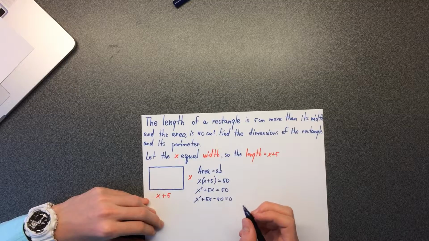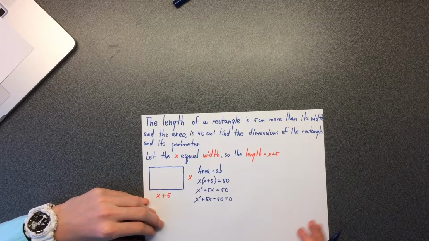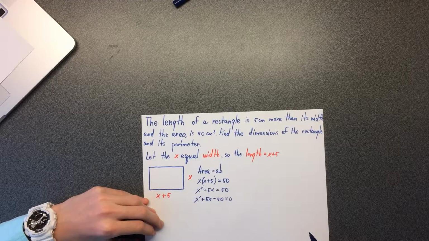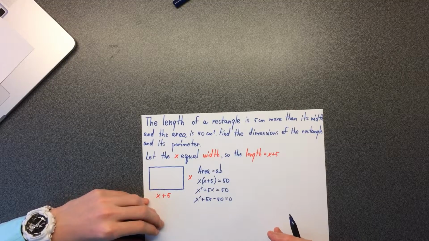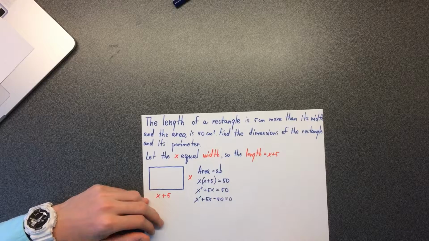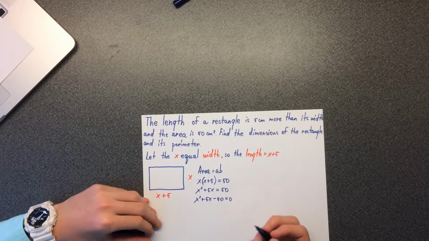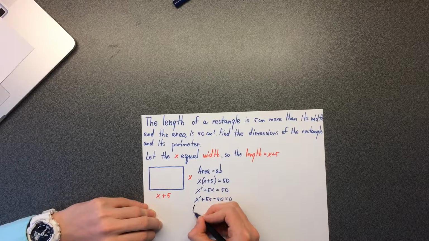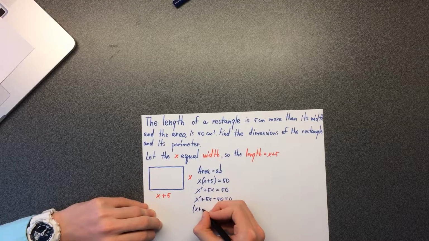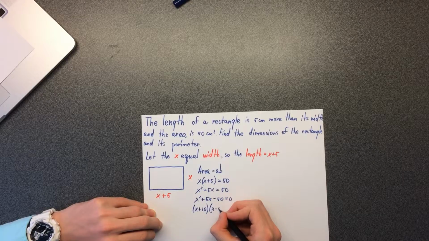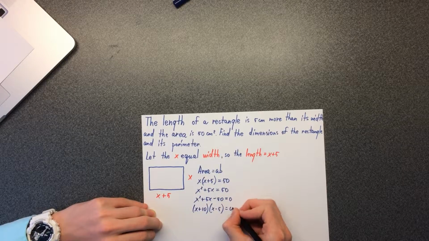Now, using the factor method, I can solve it. I use the factor method because the numbers are really easy and it will be very fast to solve. So I have x plus 10 and x minus 5, all equals 0 again.